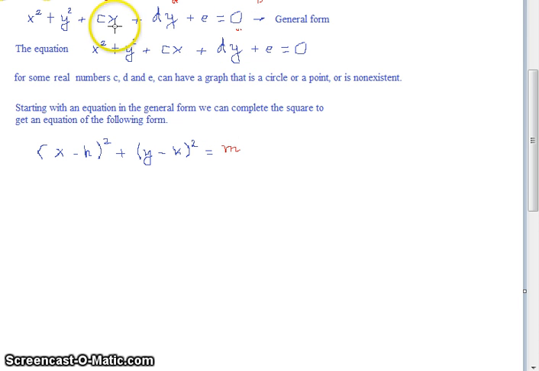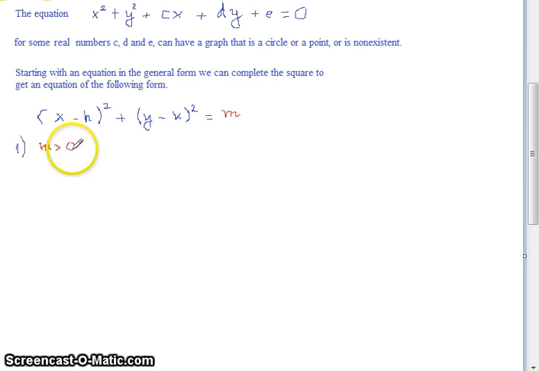It depends on the given equation in the general form. The first case is to have a positive number on the right side of the equation, m to be positive. Then we can use it for the square of a radius. So the square of the radius will equal m, or just the radius will be square root of m. M is positive, so square root of m will be a real number.